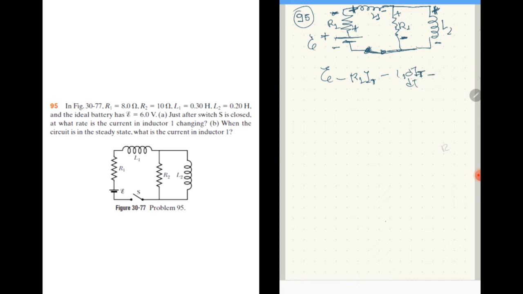There is another resistor here, and I'll call the current passing through the second resistor I1. I will not put a T here, in order to avoid confusing it with the number 1, because my T is very similar to the number 1. So this all equals 0.